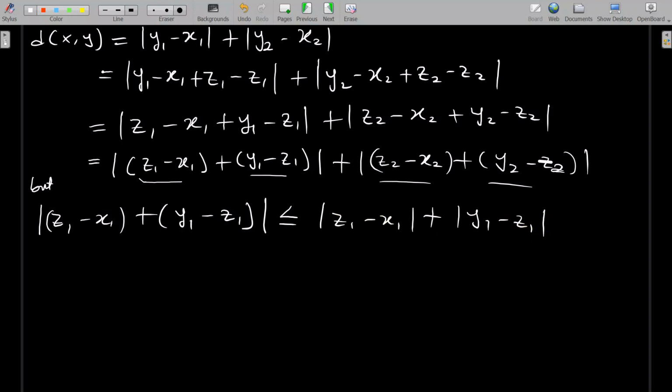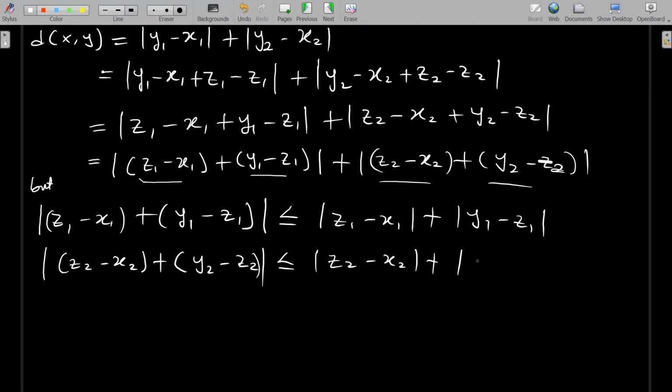I introduced this by saying that if you have the absolute of a plus b, it's less than or equal to the absolute of a plus the absolute of b. So you treat the ones in the brackets as a and b. Also, the absolute of z2 minus x2 plus y2 minus z2 is less than or equal to the absolute of z2 minus x2 plus the absolute of y2 minus z2.